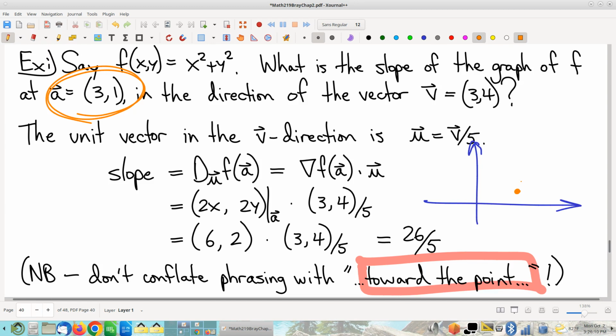The correct interpretation was in the direction of the vector 3, 4, which would be about like this. It's not to scale, exactly. But toward the point 3, 4, the point would be about here.